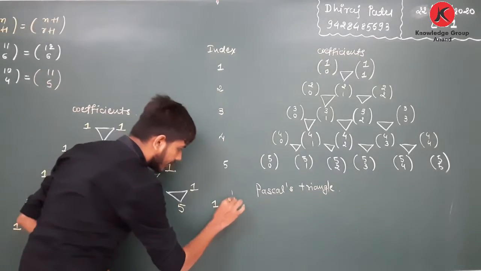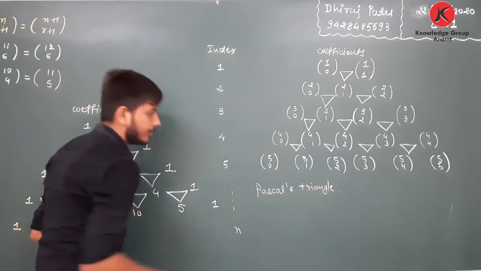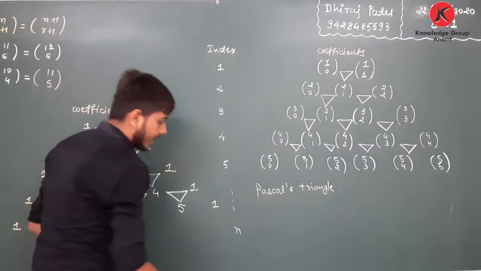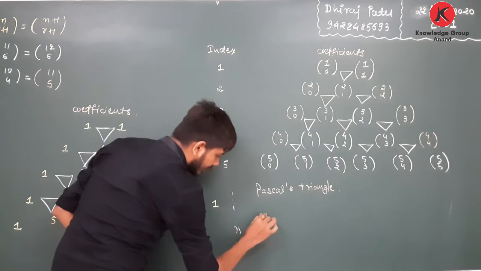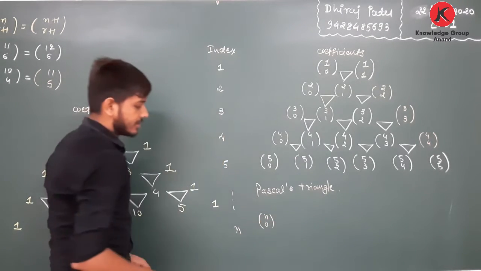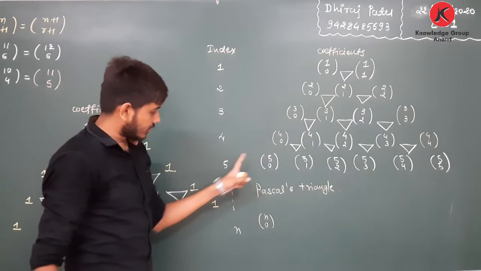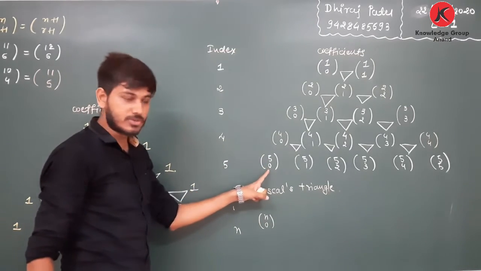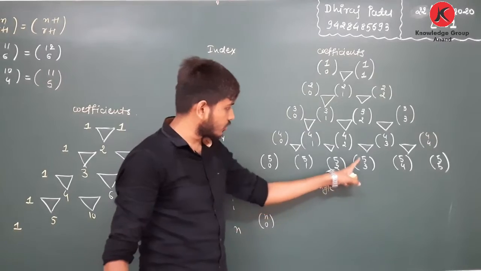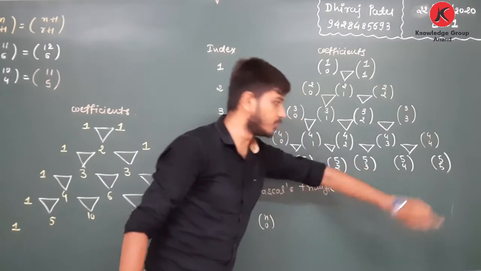If the power is n, then we can write down the coefficients like this. If power 5 is there, then we can write 5C0, 5C1, 5C2, 5C3, 5C4 up to 5C5.